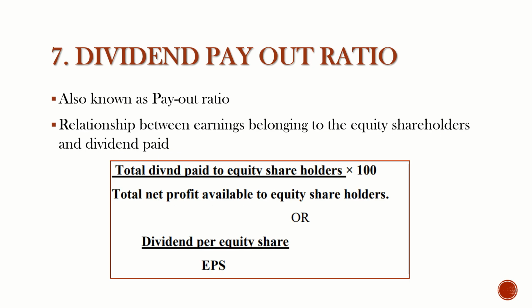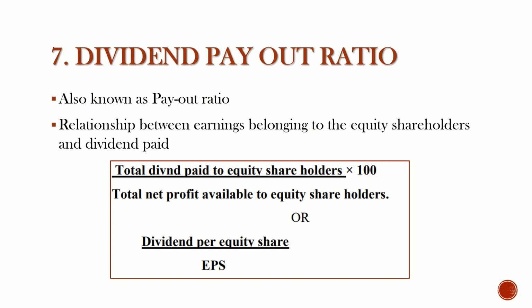Okay. Seventh one is dividend payout ratio. So sixth one was dividend yield ratio. Now we have dividend payout ratio. So it is also known as payout ratio. So this measures the relationship between the earnings belonging to the equity shareholders and also the dividend which is actually paid to them. So the relationship between both these items is taken into consideration.